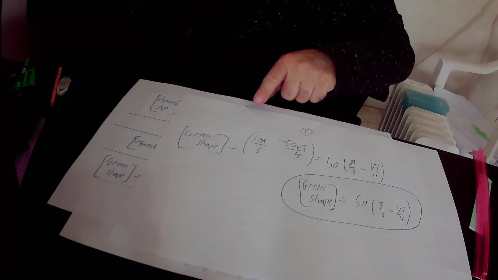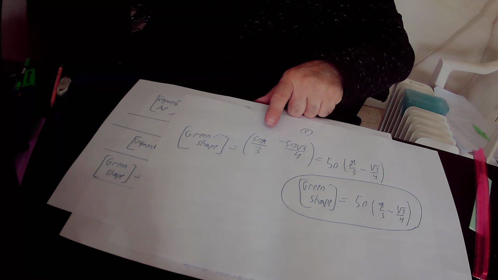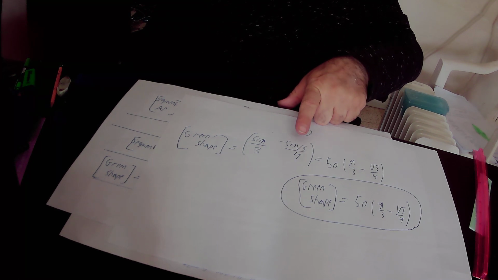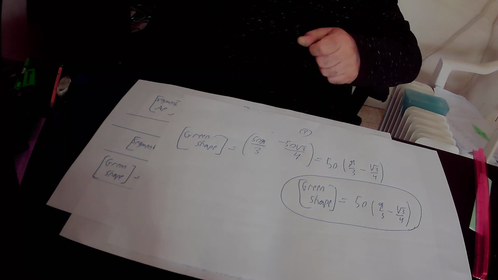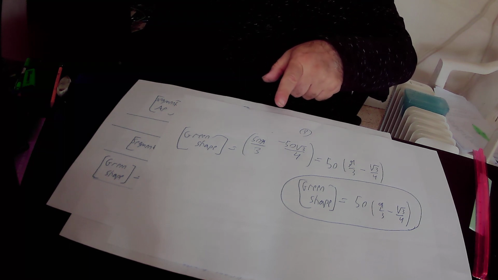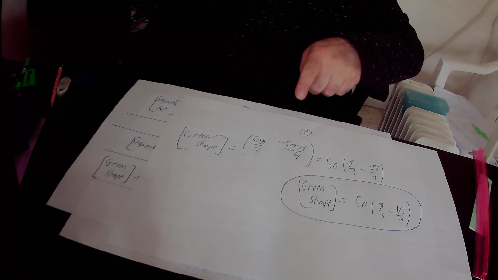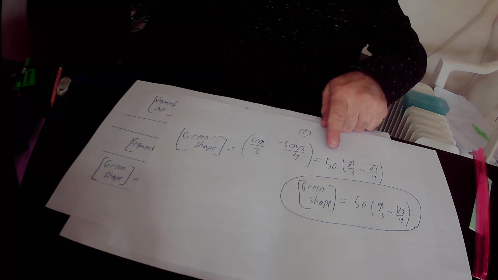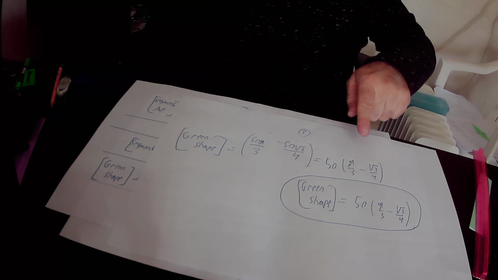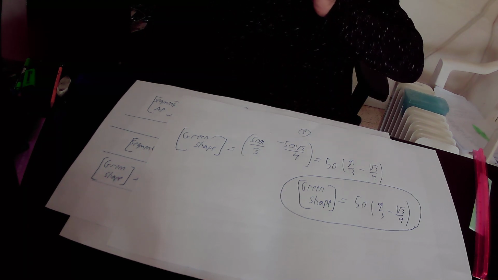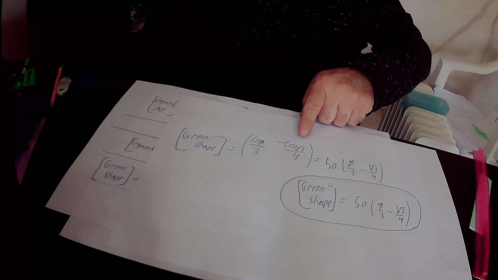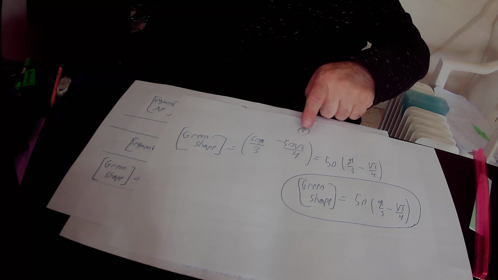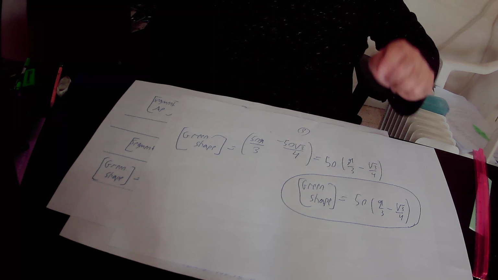So in conclusion, the area of the green shape equals 50 pi over 3 minus 50 times square root of 3 over 4. Here we took 50 out of those two expressions as a common factor. What is left from 50 pi over 3 is pi over 3, and what is left from minus 50 times square root of 3 over 4 is square root of 3 over 4.